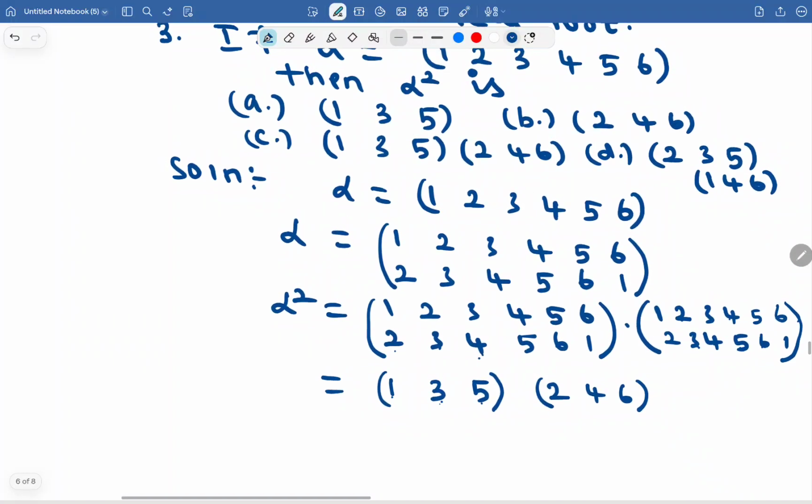For this problem, option C is the correct option.